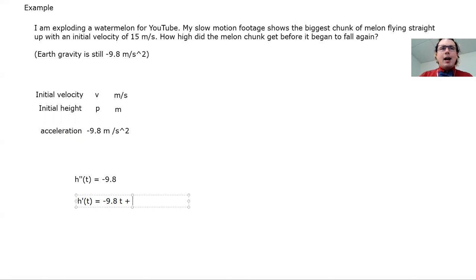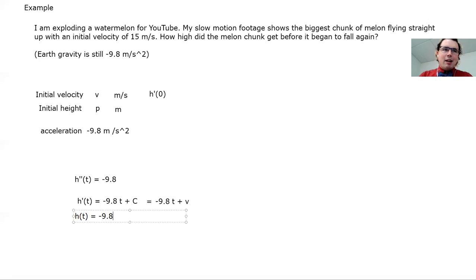And what constant do I put here to make this equation match my initial velocity? Initial velocity is supposed to be h prime evaluated at 0. Well, the only constant that will work here is the same v constant, the initial velocity. I'll take my antiderivative again.